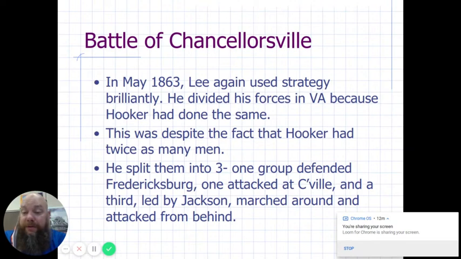Now getting hit in the arm in 2020, first of all, is not good. I'm not saying go out and get shot in the arm. In fact, I would very strongly recommend that you don't. However, it's a lot better now to be shot in your arm than in May of 1863. Once Stonewall Jackson was shot in the arm, it basically sets off a timer for his death.